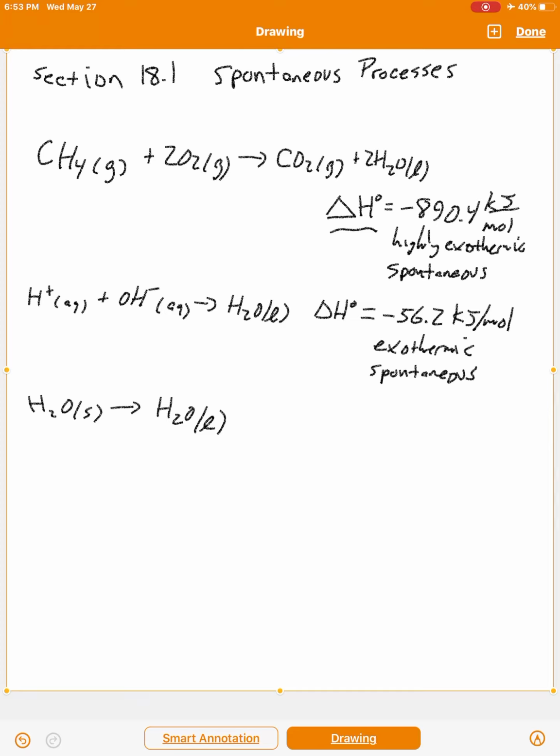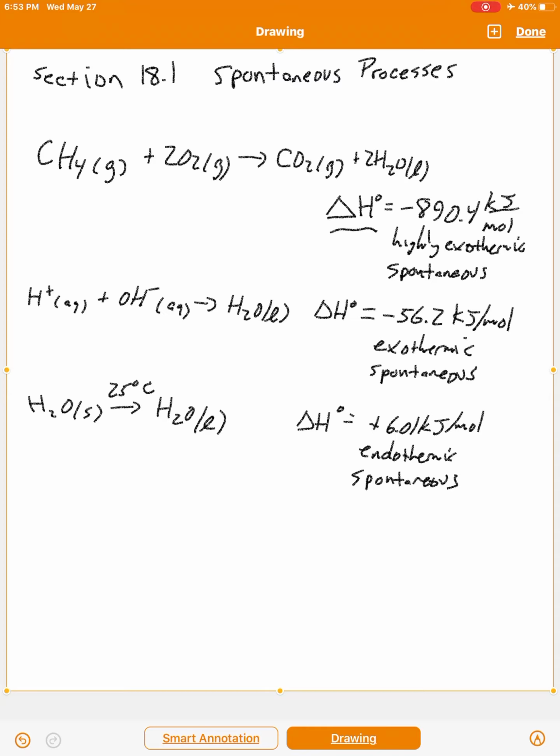But it turns out this is not exothermic. It's actually endothermic. That's an endothermic process. Let's put 25 degrees C here, room temperature. But it is spontaneous.